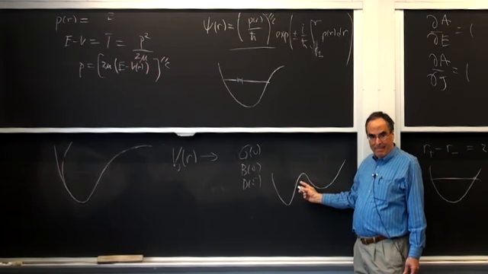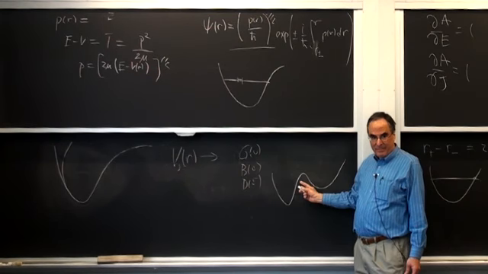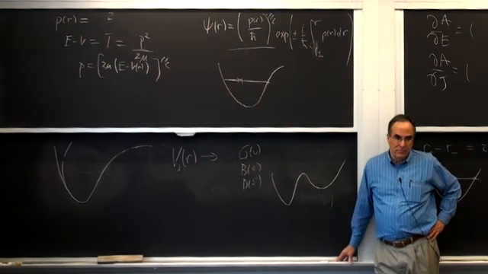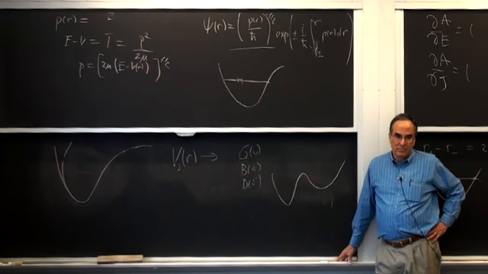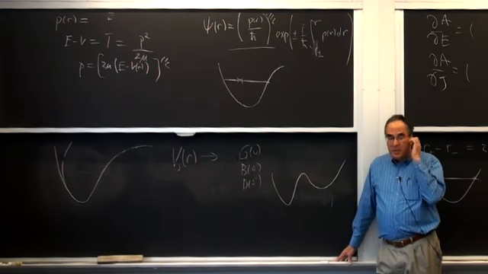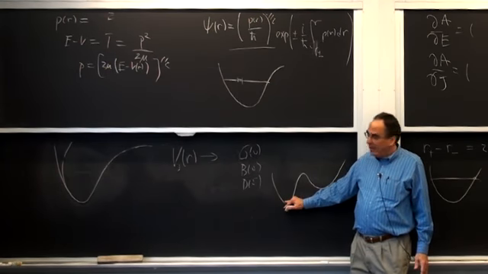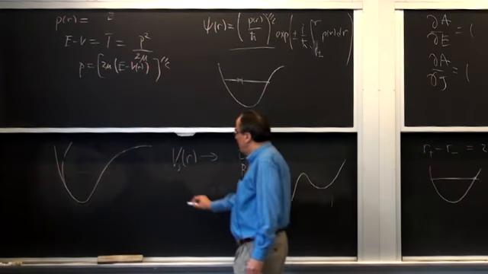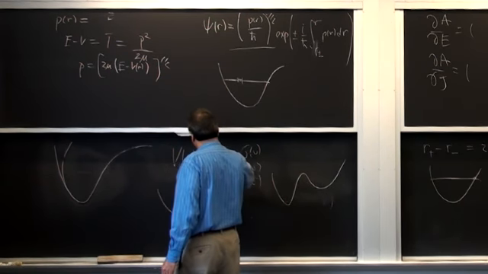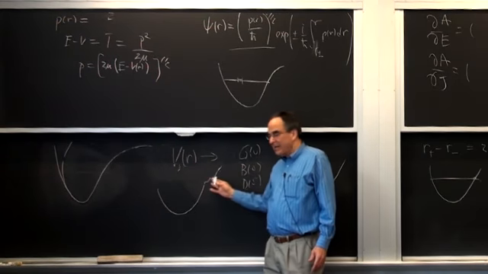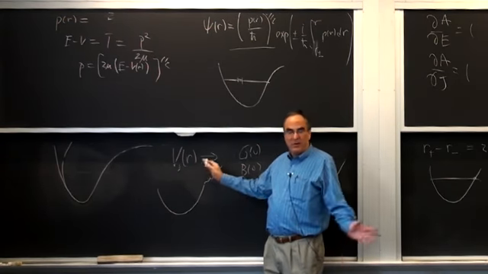RKR is scarily correct for very anharmonic potentials, like Morse potentials. The scary point is down here. Everything else, as long as there's no twiddles, it's valid. The higher you go, the better it is.